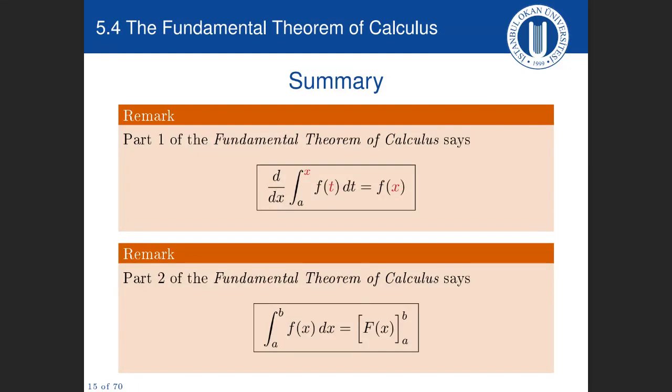Part 2 of the fundamental theorem of calculus says that the definite integral of f from a to b is an antiderivative, capital F, at b minus capital F at a. Make sure you learn both of these ideas.